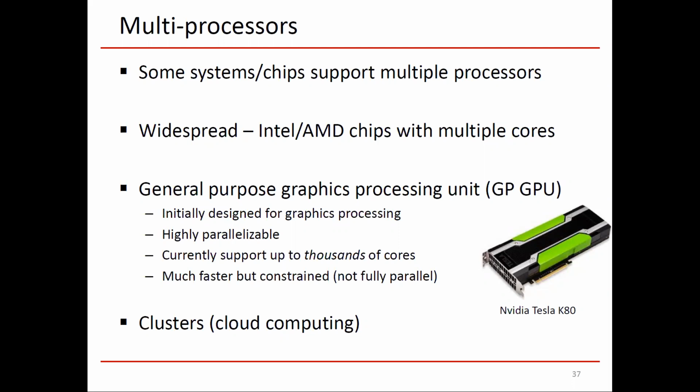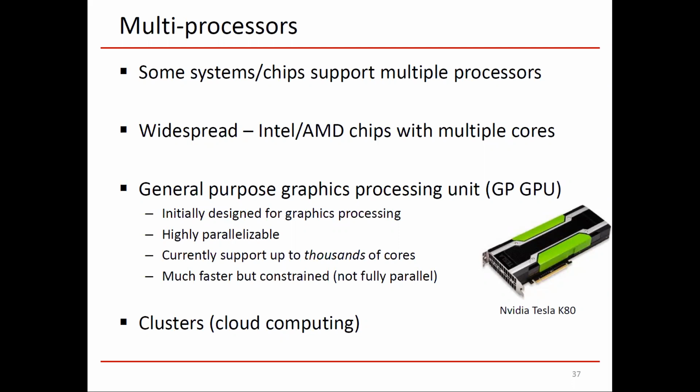So these units are very highly parallelizable. They currently support up to many thousands of cores. And overall, if you can run things in parallel, the GPU is much, much faster, but it's constrained. The reason is that it's not really fully parallel. You only have partial parallelization capabilities.